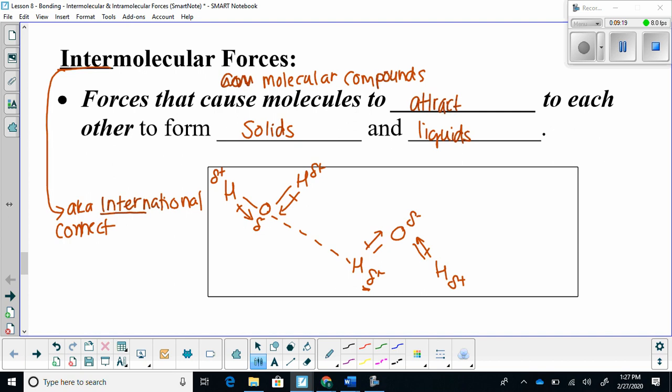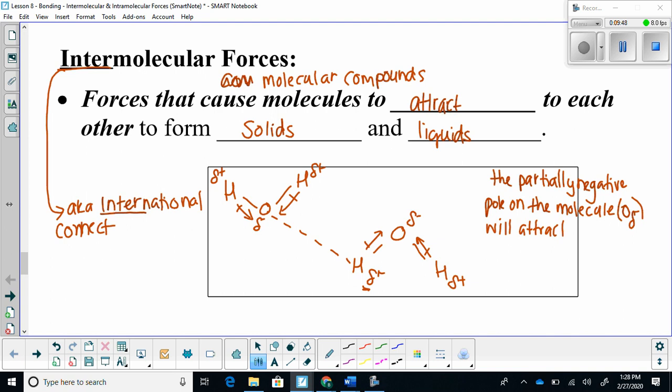So, to summarize, the partially negative pole on the molecule, which is the oxygen with the partially negative charge, will attract the partially positive pole on another, very clear here, it's on another molecule. Okay, so it's on another molecule.